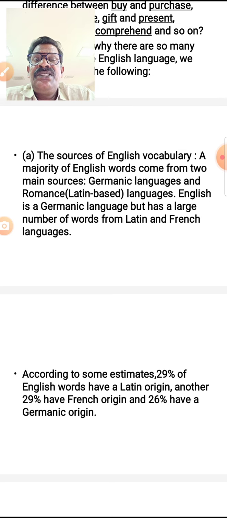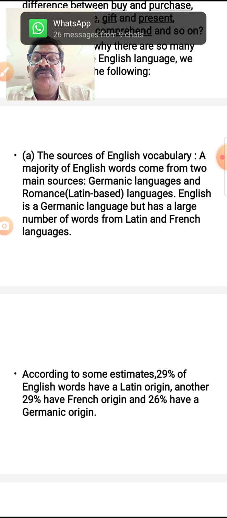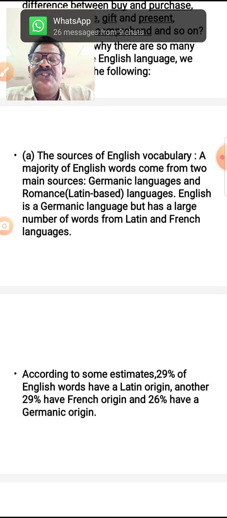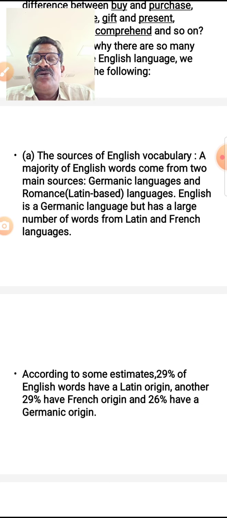Romance languages means Latin based languages. So, whatever words that right now we are witnessing, we are using in English language, most of them, the majority of them, are borrowed from Germanic languages or Romance languages. Romance means once again Latin based.